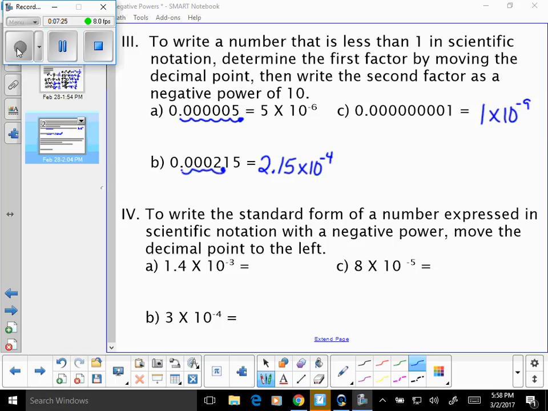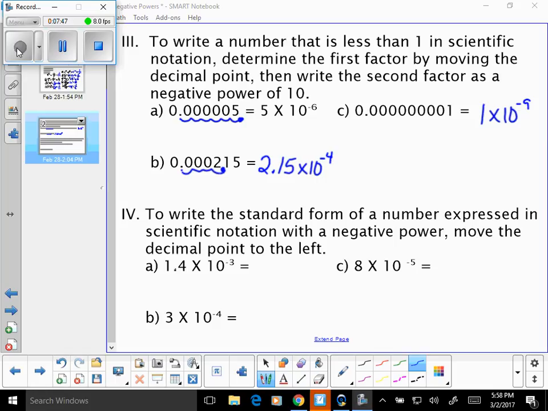Now, if you have a positive exponent, like we did in lesson 7.1a, we moved that decimal point to the right. Positive exponents move to the right. Positive integers are to the right of 0. Here we have a negative power. The negative powers are to the left of 0. So we're going to move that decimal point to the left.